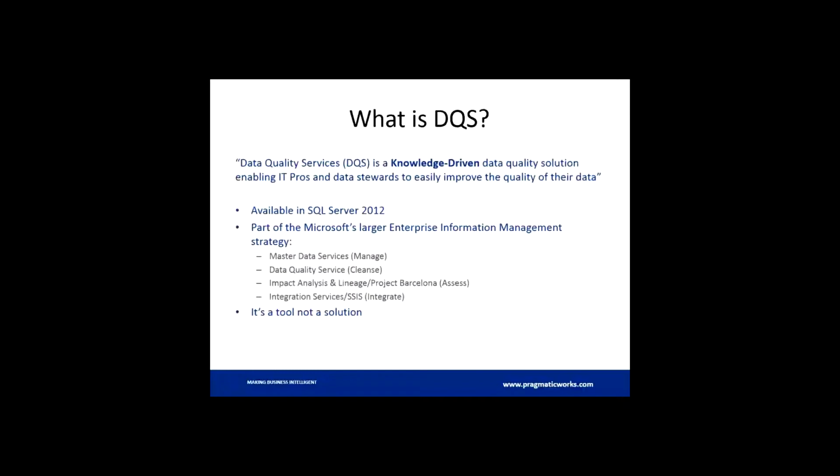Now, instead of that, what Data Quality Services gives you is the ability for a data steward or a BA to create that rule, not in Word, but instead in a new data cleansing client. And then the application, whether it be SSIS, a .NET application or a web page, can all use that rule.